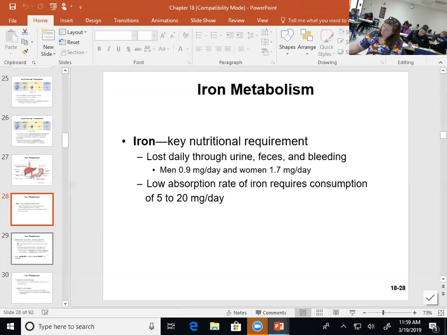So again, you could be eating or supplementing B12, but if your stomach's not producing intrinsic factor, are you going to be absorbing B12? No. So some people are anemic because of that, right? That type of anemia is called pernicious anemia. Not absorbing B12 because you don't make intrinsic factor is called pernicious anemia.